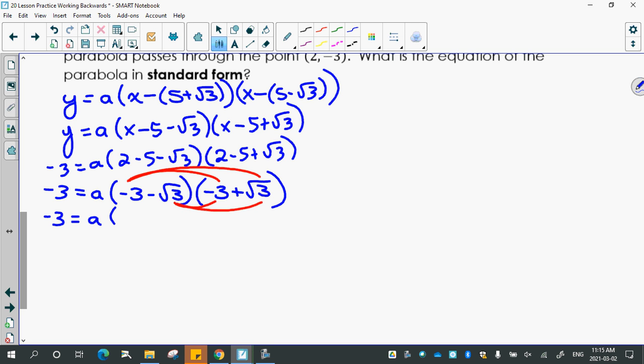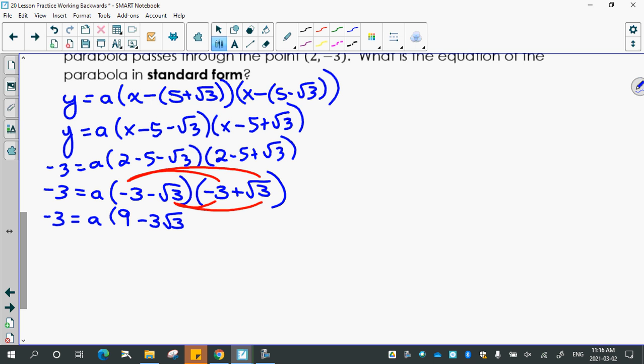Because we can't collect the different endings, this radical and an integer. But we can multiply. Negative 3 times negative 3 is positive 9. Negative 3 times positive root 3 is negative 3 root 3.